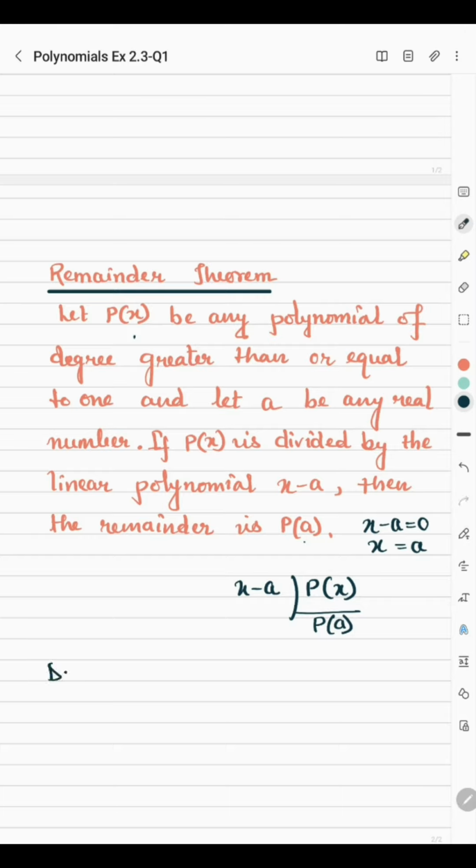Now as you know that dividend is equal to divisor multiplied by quotient plus remainder.